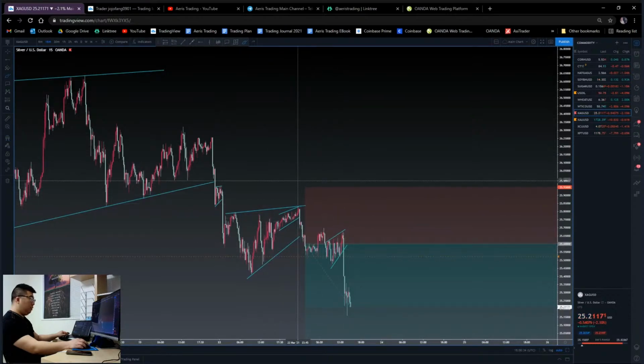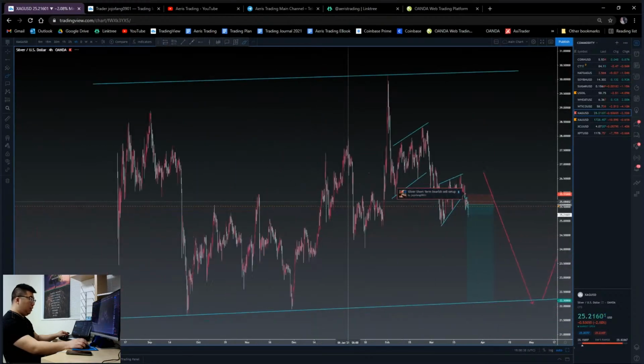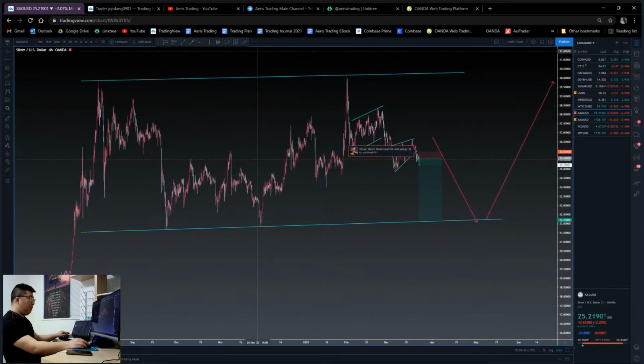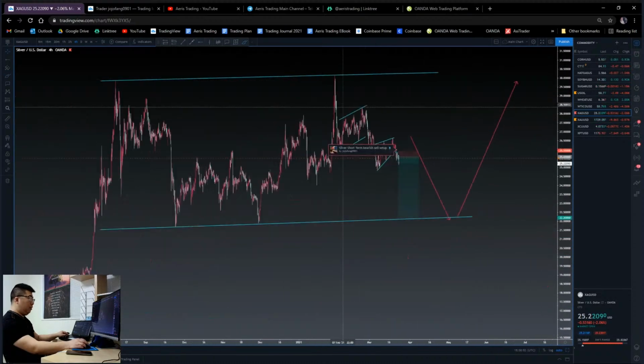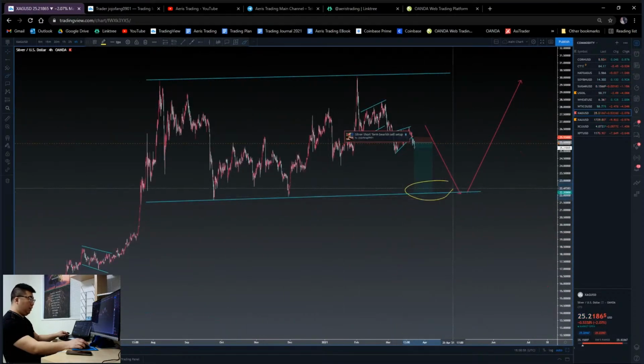Actually a pretty wide stop loss in my opinion, but I'm fine with that. I like to hold this for a little bit longer if we're going to see this next bearish move down to the low. Really good. We're almost 10 to 5 pip stop loss. So I definitely like this trade. I'm happy to enter here and happy to take profit here and then wait for the buy from here.